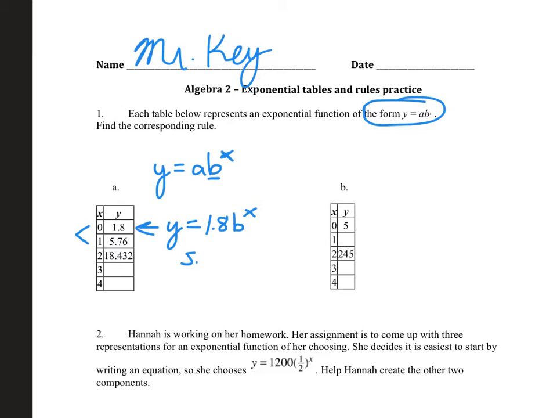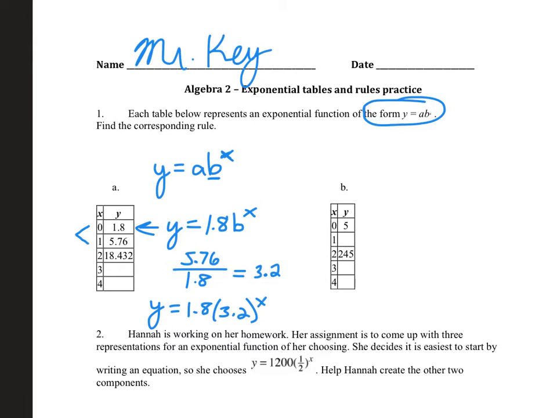And to find out what you multiply by 1.8 to get 5.76, you simply divide 5.76 by 1.8, and that happens to be what? I forgot. 3.2. So this equals 3.2. That means our repeated multiplier is 3.2. And so our equation is going to be y equals 1.8 times 3.2 to the x.